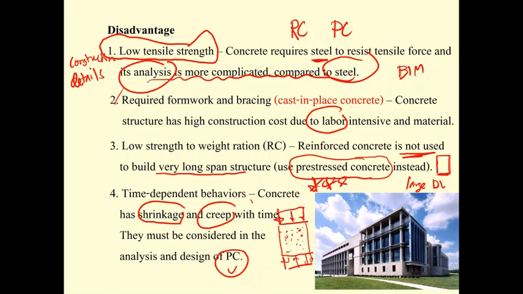Okay, the best way is we use the concrete with the steel, in the form of reinforced concrete or pre-stressed concrete. It will enhance the advantages of both steel and concrete, and it also reduces the disadvantages of steel and concrete. But you have to use it properly.